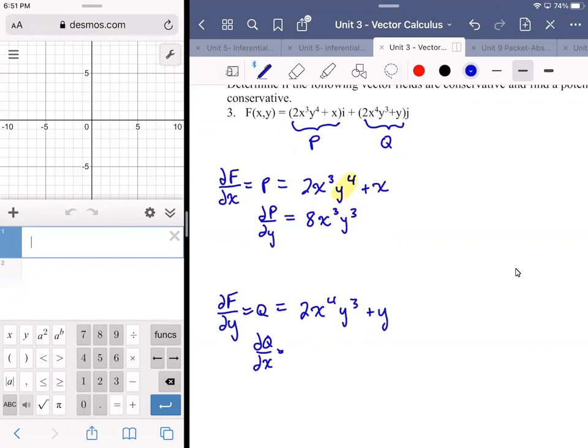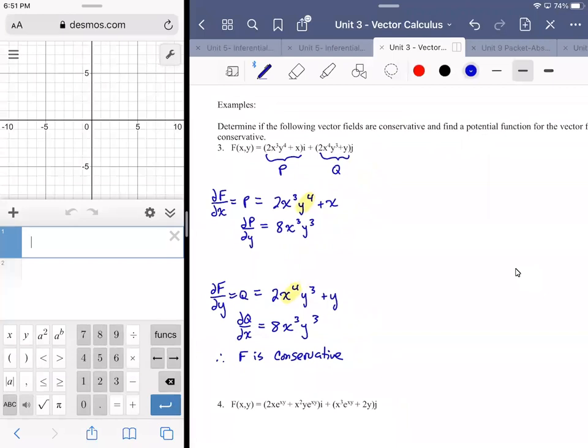All right, so we'll see. Here we can ignore the y, take the derivative of x to the 4th, which is 4x cubed. 4 times 2 is 8, so 8x cubed y cubed. All right, so therefore f is conservative. All right, so we're kind of off to the races here.